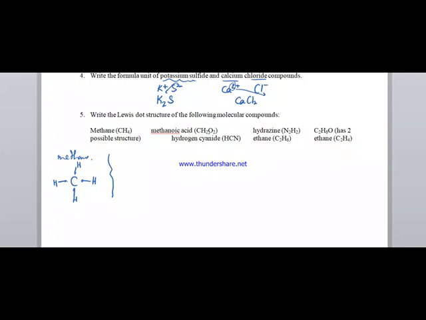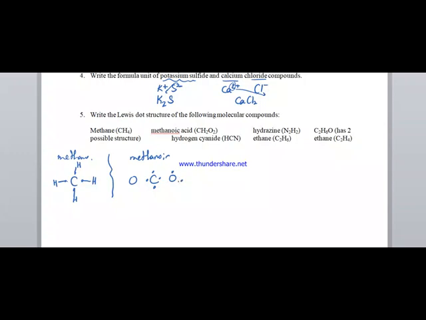Methanoic acid, we have CH2O2. We have carbon, 2 oxygen and 2 hydrogen. We write oxygen to the right and oxygen to the left. This is the carbon.